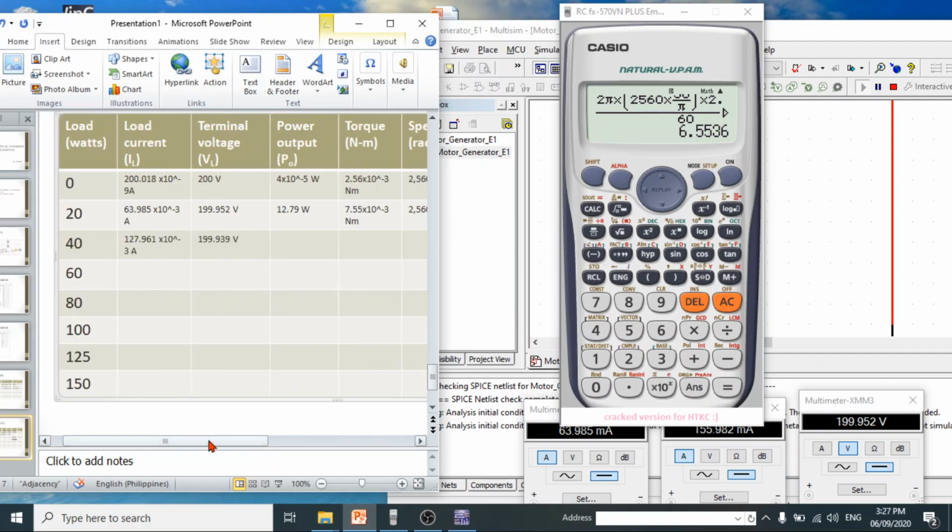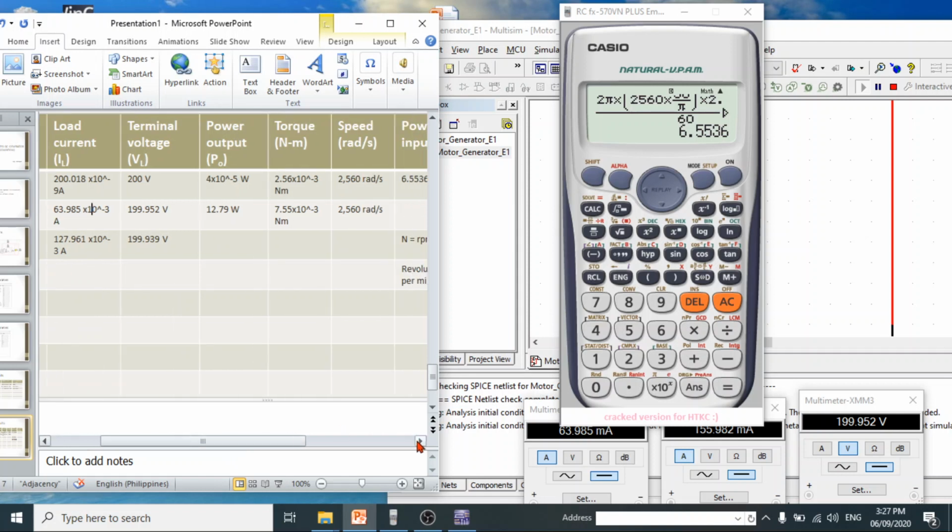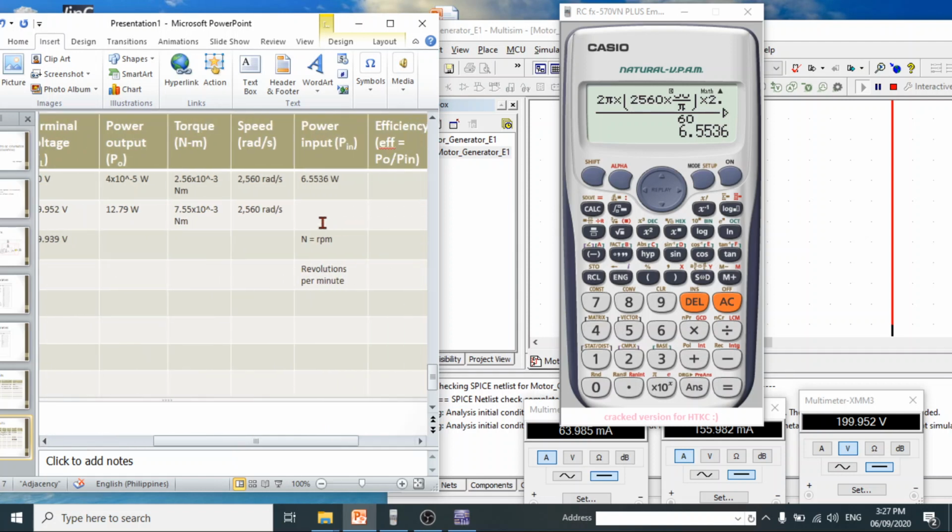So for the 20 watts virtual lamp, the power input can be calculated using the formula 2 pi NT.